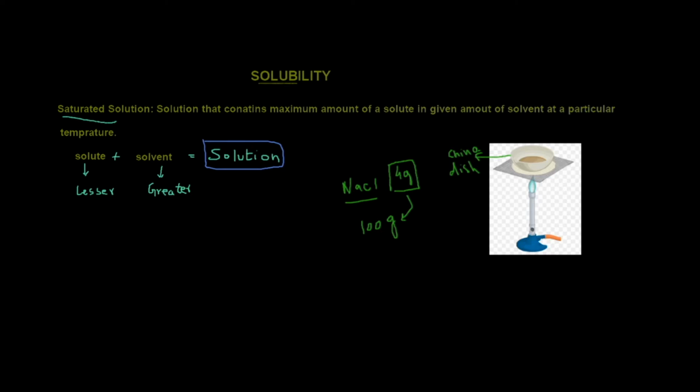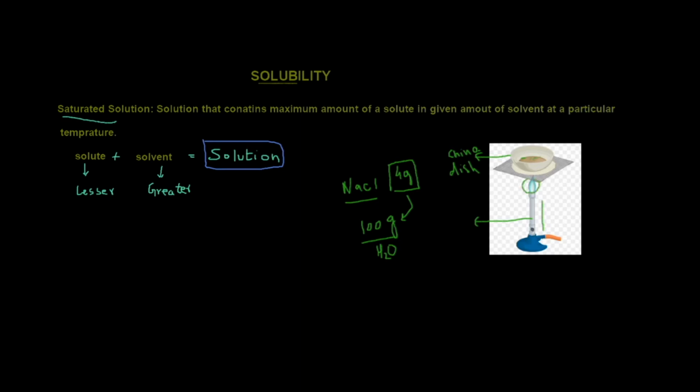As you can see, this is the Bunsen burner. Now heat this solution slowly till the water evaporates completely. As we mentioned earlier, we have a little amount of sodium chloride in 100 gram of water. If you place the china dish containing the saturated solution on a Bunsen burner, what would happen?